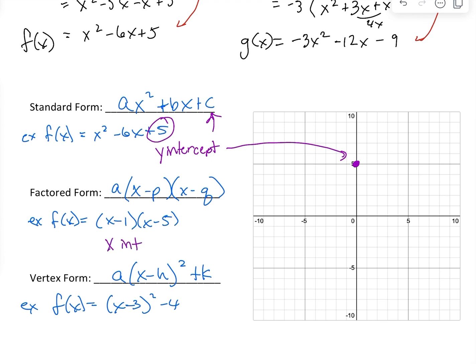In our factored form, we can see our x-intercepts really easily. And we get that really from setting our factors equal to 0. So when we look at this, we're looking at x minus 1 equals 0 and x minus 5 equals 0. And so in this case, we get x values of 1 and positive 5.